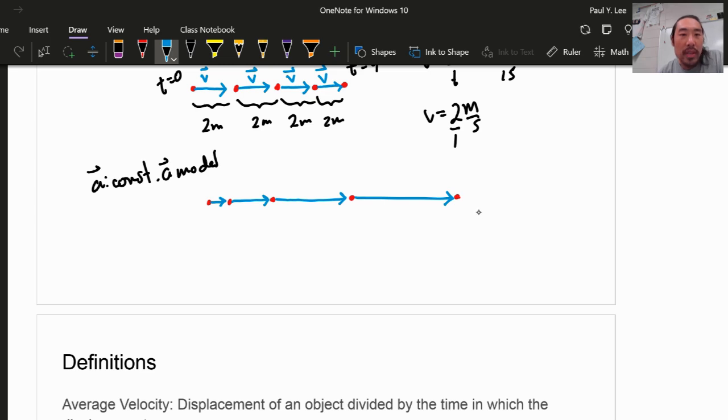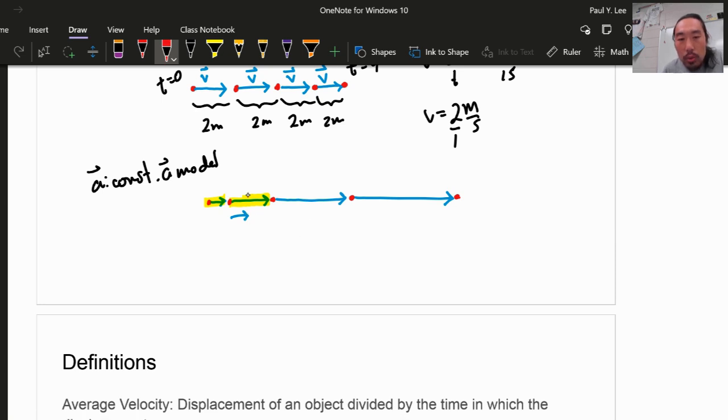To represent this with acceleration, remember acceleration is the change of velocity. Let's say we get this first vector and compare it with the second vector right there. So if I draw the first vector right underneath it, remember, acceleration is a change in velocity. Let's do this in red.